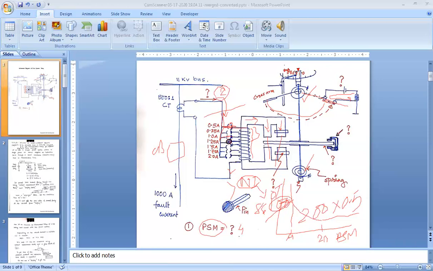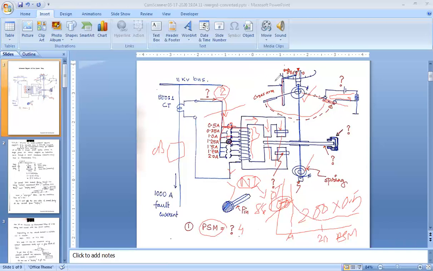So this is a stop band. So there is a rod, so it cannot move beyond that. So how can this time scale be adjusted?